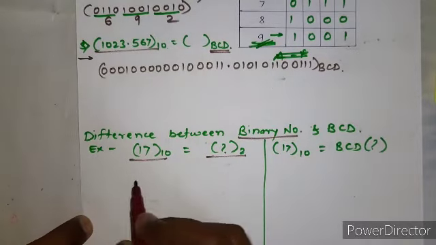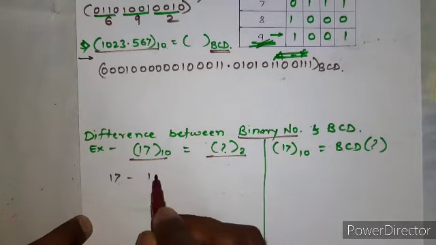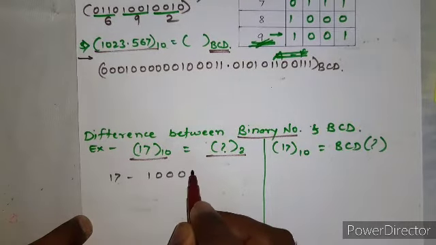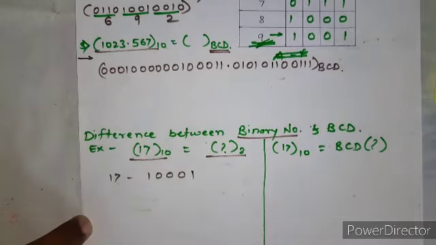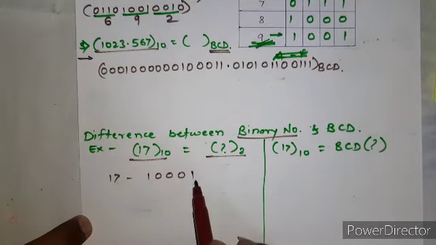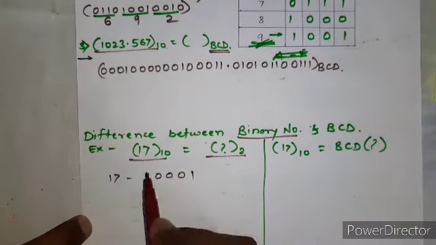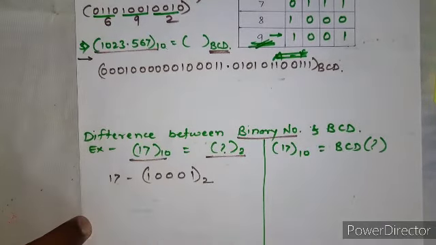But I know the binary of 17 is 1 0 0 0 1, that is 16 plus 1 is 17. So this is the binary form of 17.